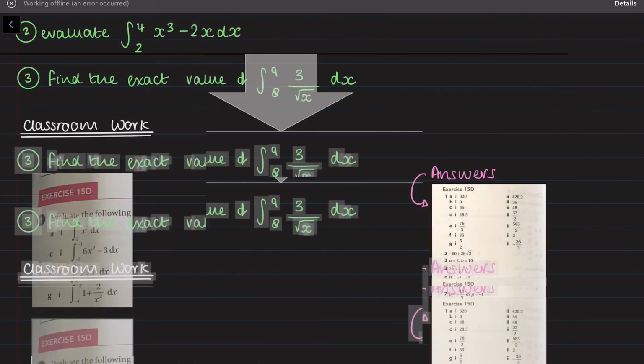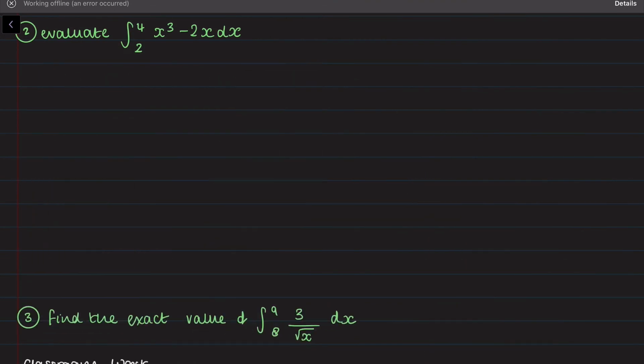Let's look at this second example. If you're feeling confident, pause the video and have a go yourself first. So I need to integrate first. So if I integrate this, I'm going to increase the power by 1, divide by the new power. So x to the 4 divided by 4 minus 2x squared over 2 between the limits of 4 and 2.